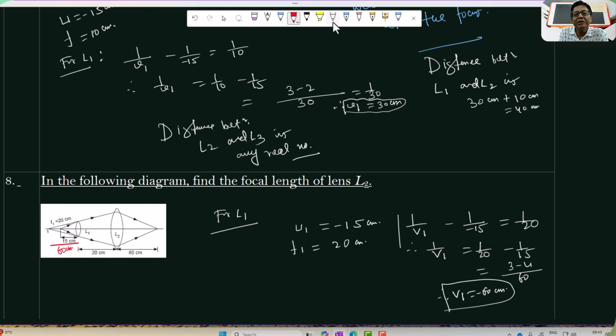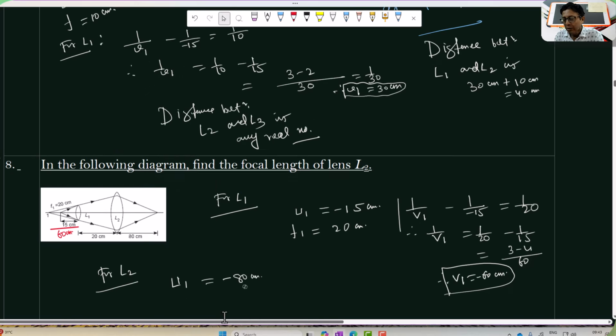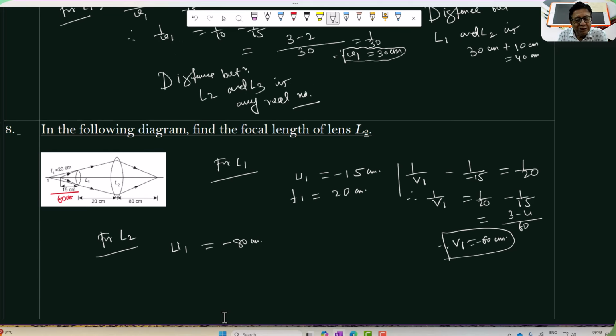Now for the object, for the lens L2, U is what? Minus 80 centimeter. Okay? And V is what? That is also 80 centimeter. So for L2 we use 1 by V minus 1 by U equal to 1 by F2.